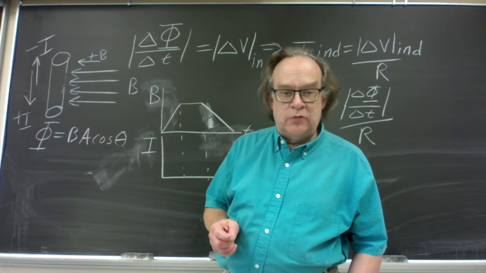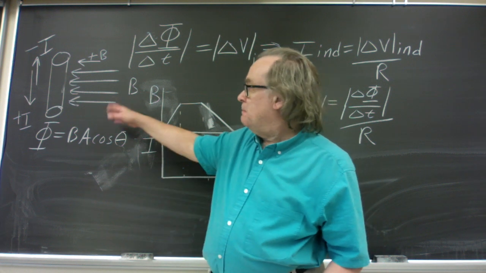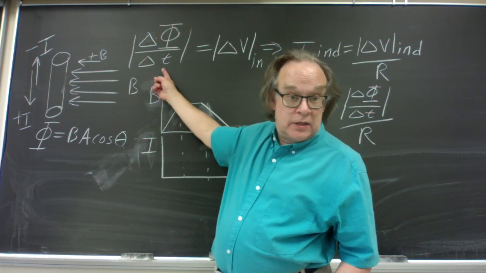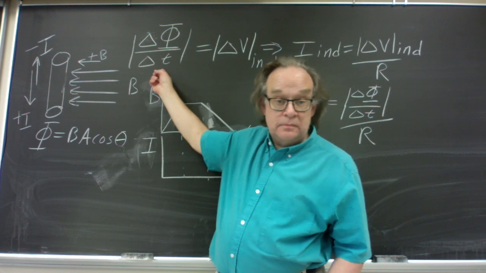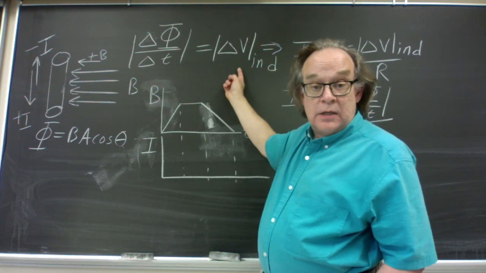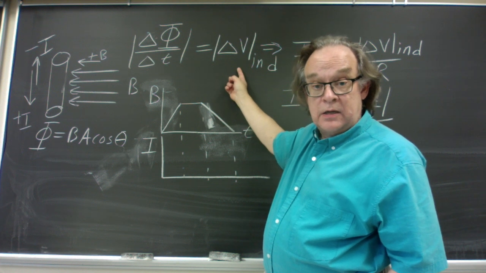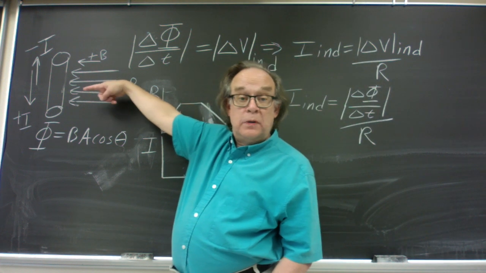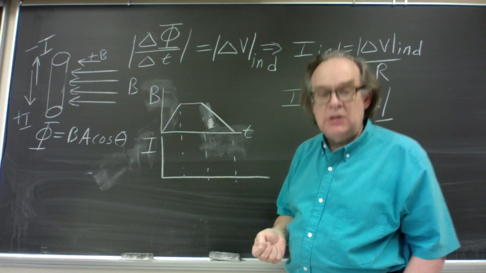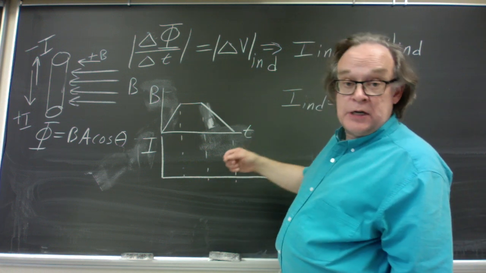And why is magnetic flux important? Because if it changes in any way, that means there is now a potential difference created in this loop, or we say it's induced, is the normal technical term.